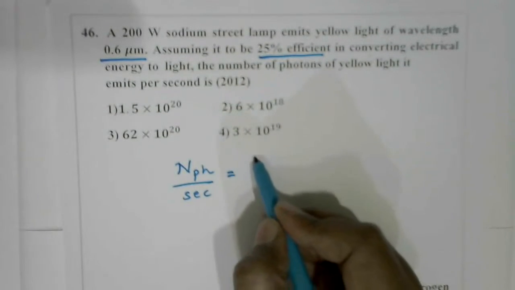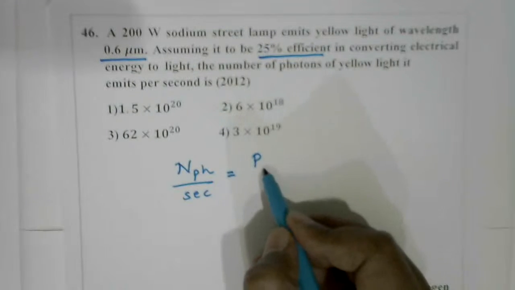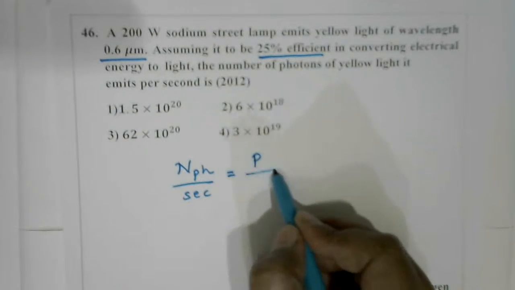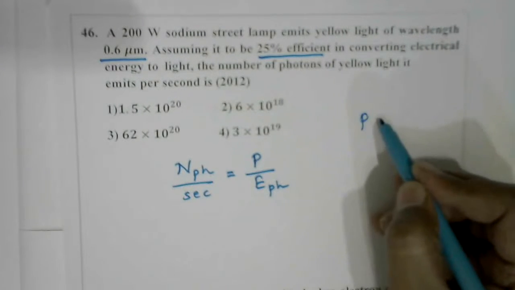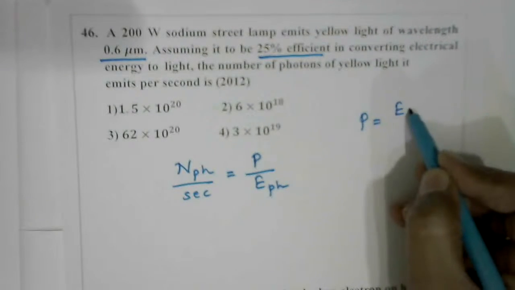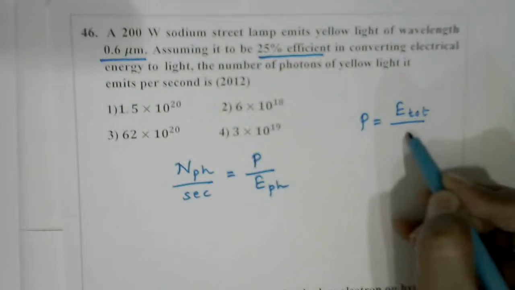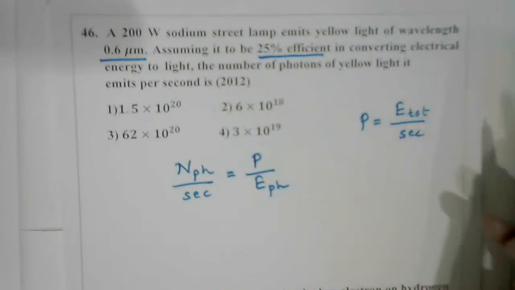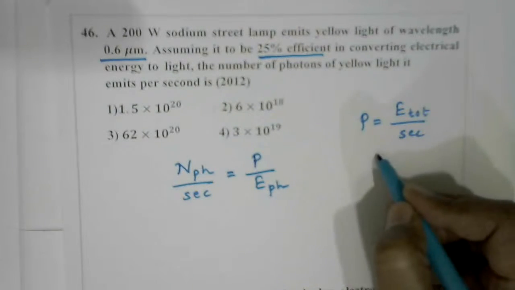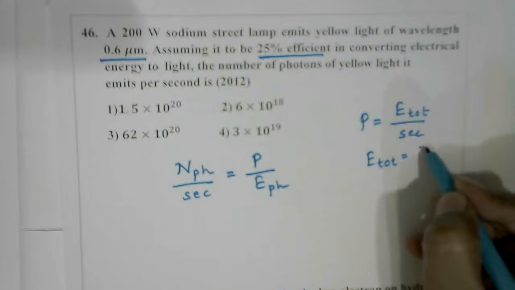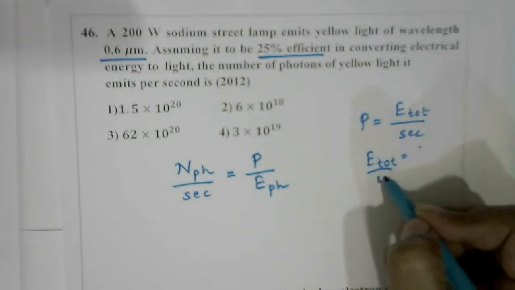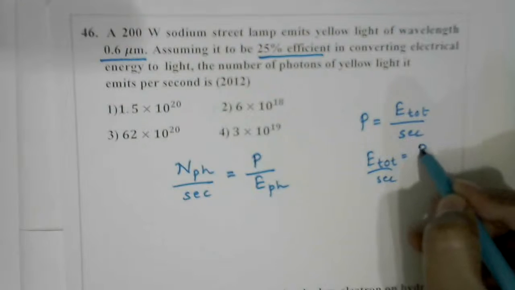It's nothing but power by energy of each photon, right? Because power is E total incident, if I take per second. So E total per second is nothing but the power.